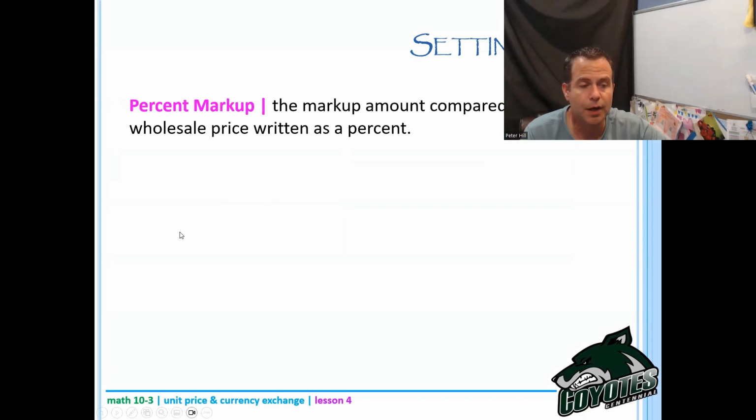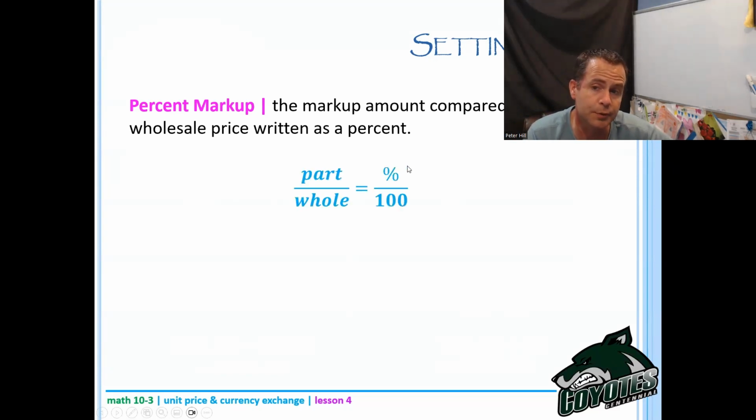All right, awesome. So now we're going to talk about percent markup and percent markdown. Percent markup, here's the definition. The markup amount compared to the wholesale price written as a percent. A reminder, when we write things as a percent, we can do part over whole equals percent over 100.